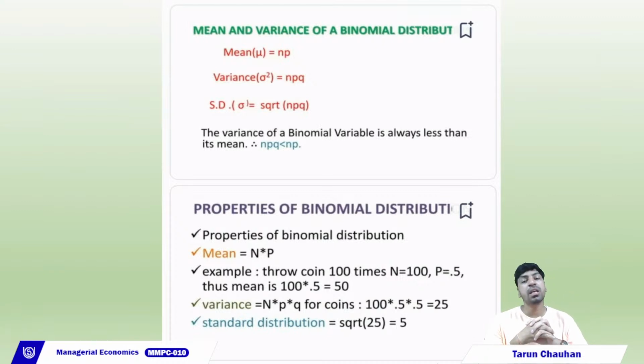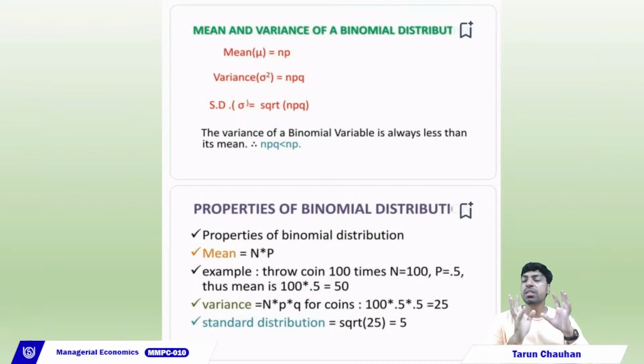Mean is equal to n into p, variance, which is the square of standard deviation, is n into p into q. N is the number of trials, p is the probability of success, q is the probability of failure. So when you have the values of these three, multiply them, and you will get the variance.